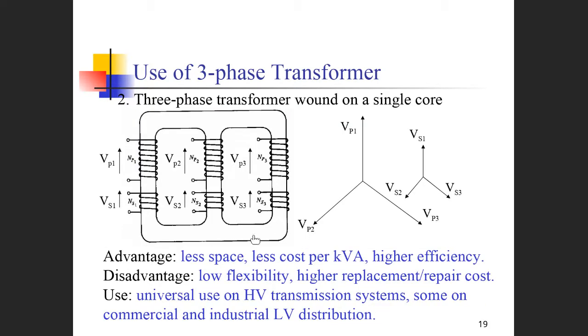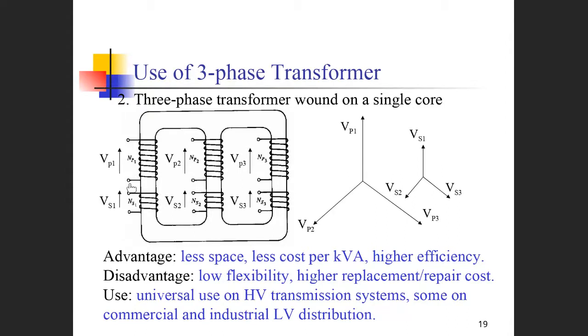Now, here we show you, not exactly like this, but the meaning of it. A three-phase transformer wound on a single core. As you see here, we have a shell type transformer with three arms, one core with three arms in it.